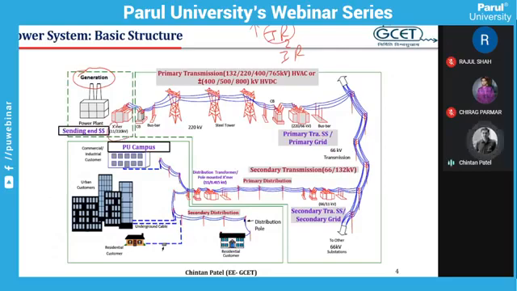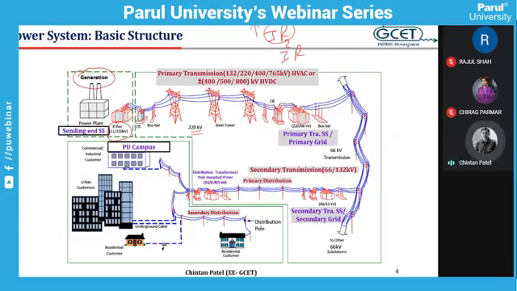Here you can see the voltage is stepped up from 11 kV to 220 kV with the help of a transformer, and from the power plant itself, a 220 kV transmission line carries the bulk amount of power.